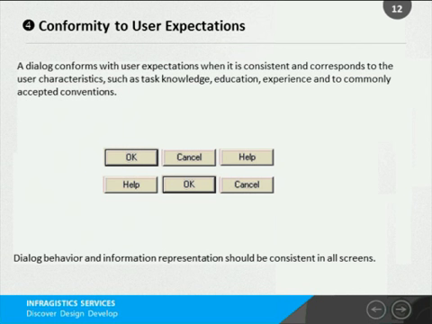Conformity to user expectations is the fourth one. A dialog conforms with user expectations when it's consistent and when it's corresponding to the user characteristics, such as what the user knows about the task he or she is trying to solve, the education of the user, and prior experiences and conventions.